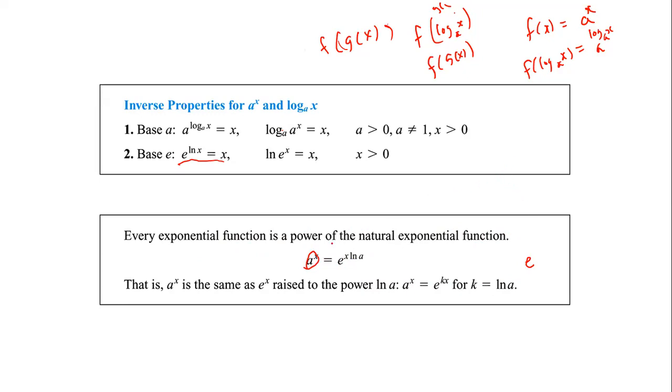We said every exponential function, which is in red here, is a power of the natural exponential function. That means it's equal to e to the x ln a.